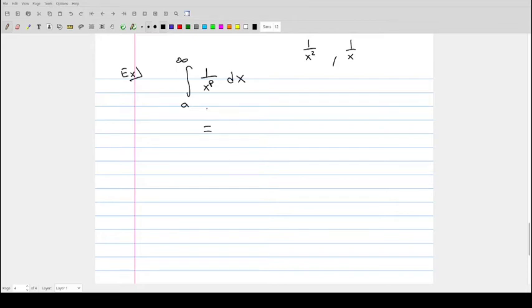And sure enough, we can go through and directly figure that out. We already have that for p equals 1, it diverges. And this improper integral is the same thing as the limit as b goes to positive infinity of the integral from a to b of 1 over x to the p.